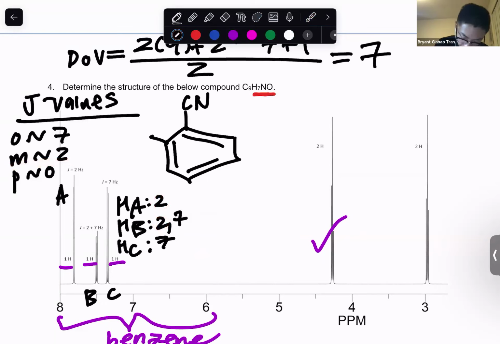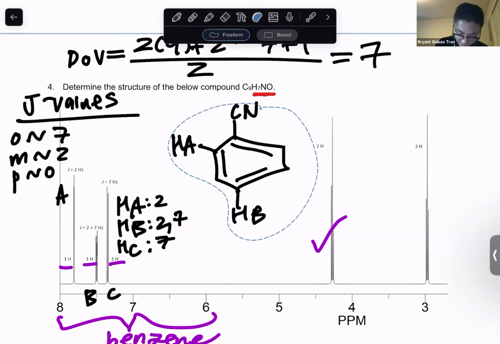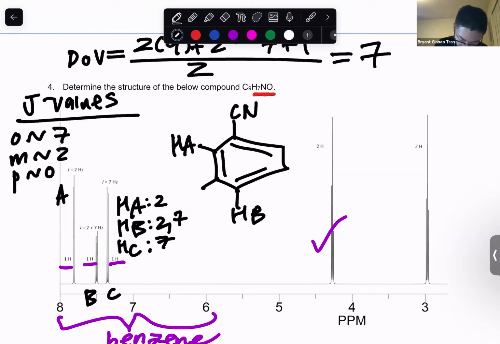So I'm going to say HA is right here and HB is right here because they are meta to each other from the matching J value of 2. B and C, they have matching J value of 7, which means that they are ortho to each other, right? So the answer key says that HC is right here, where there are 3 hydrogens in a row like this.